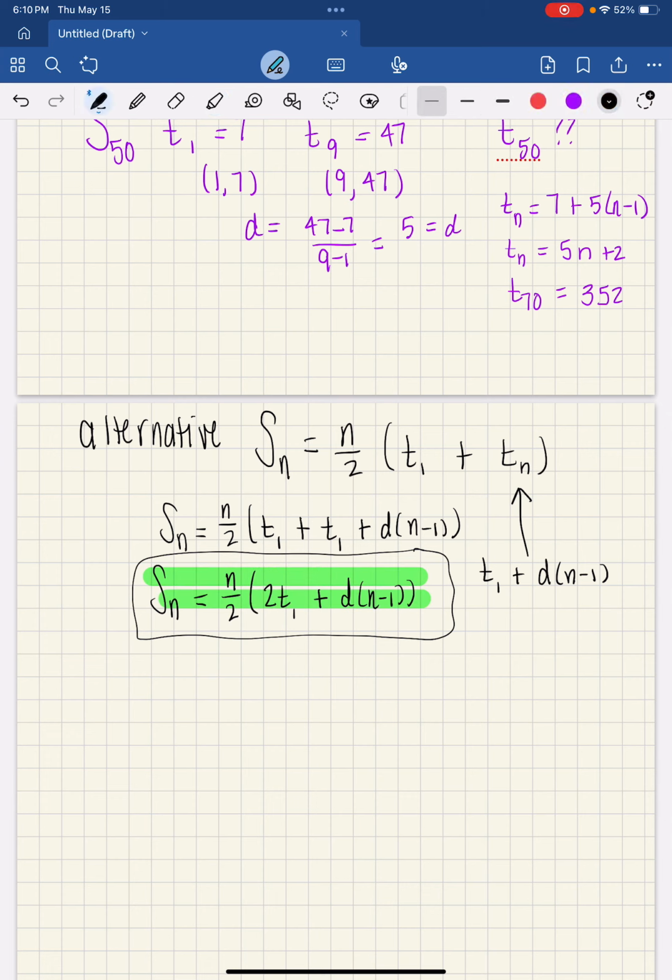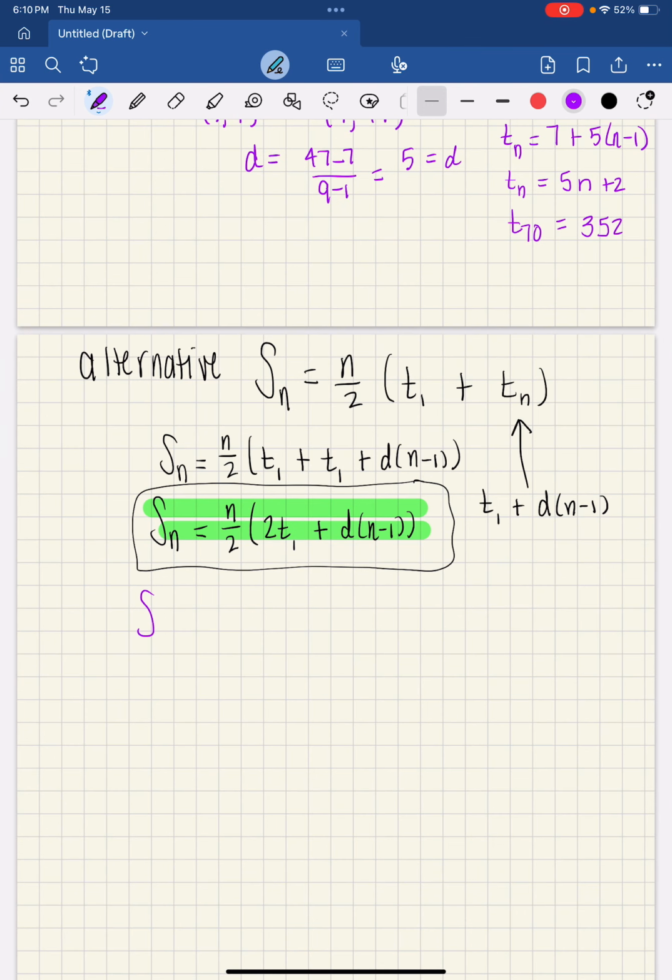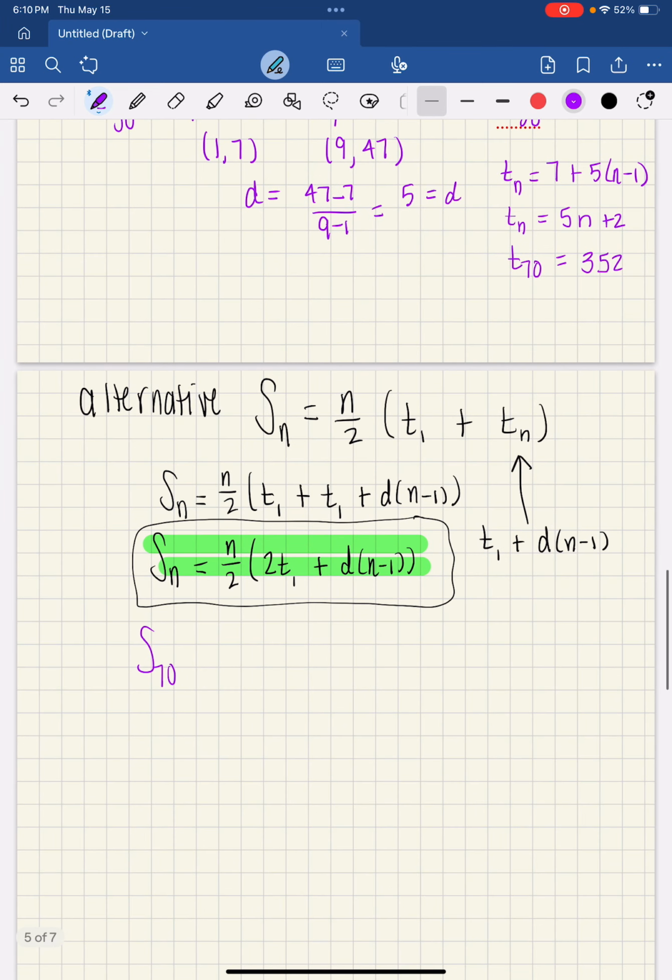Okay. Back to the question at hand. So S sub 70, sorry, not 70, 50. I'm thinking about the previous problem. I'm scatterbrained. 50 over 2. T sub 1 we said was 7. And T sub 70 we said was 352.